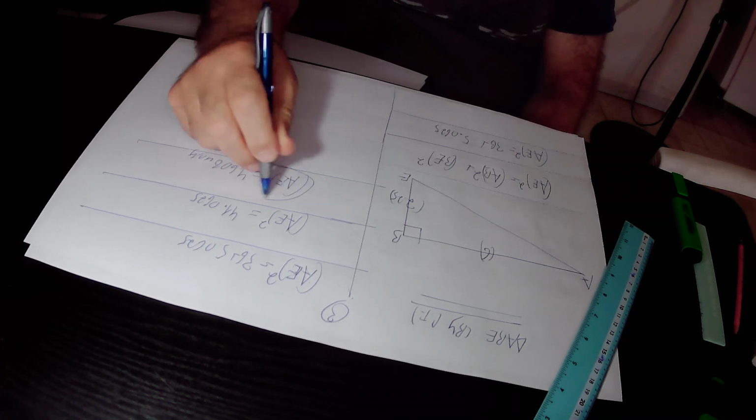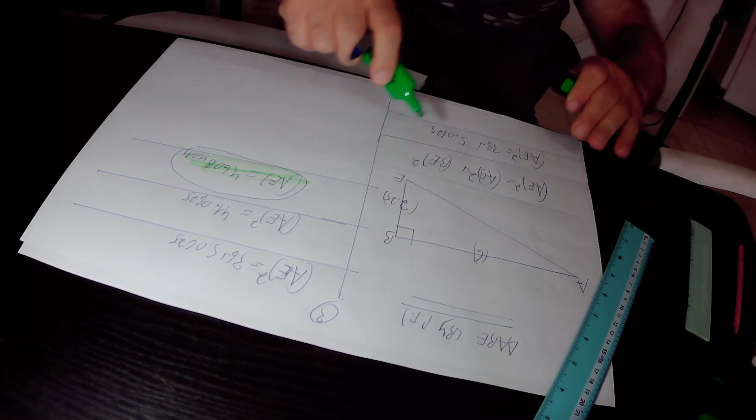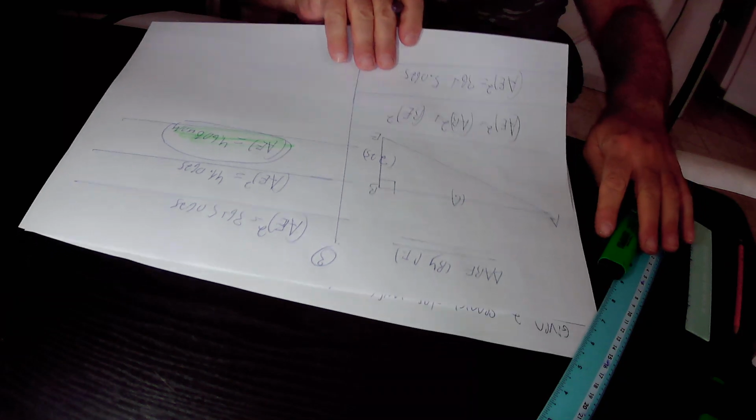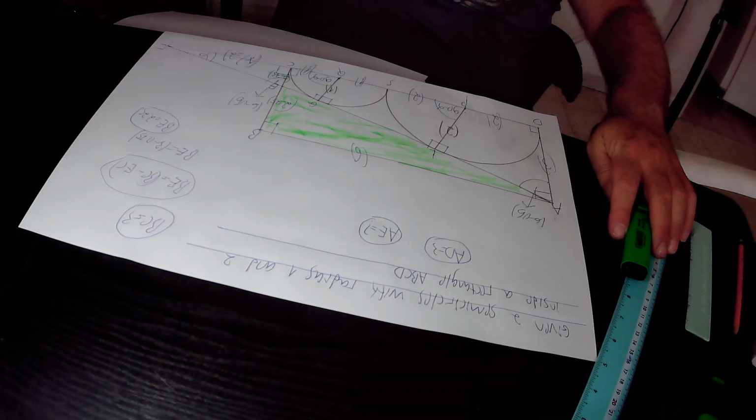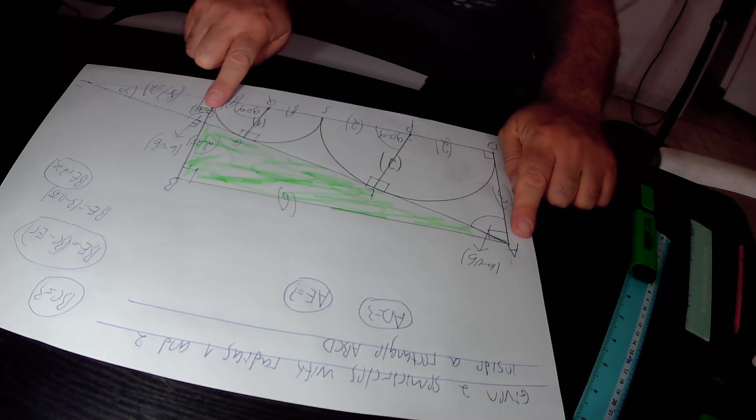I repeat again, I have found out that the length of line segment AE is equal to 4.608 units. So in the next step, I will summarize the lecture.